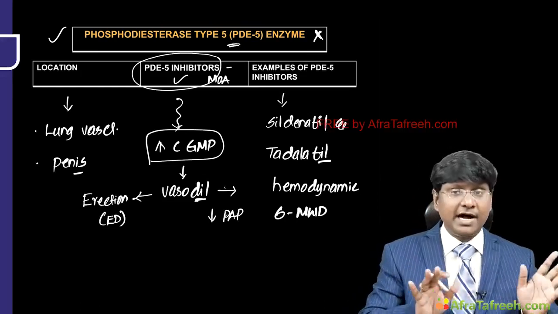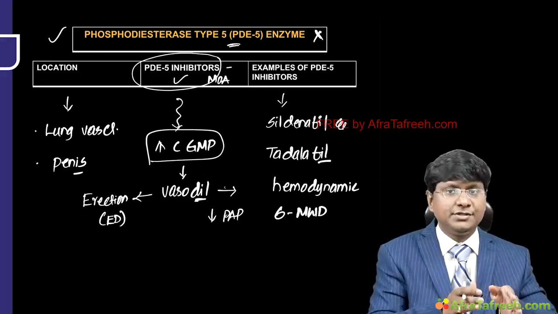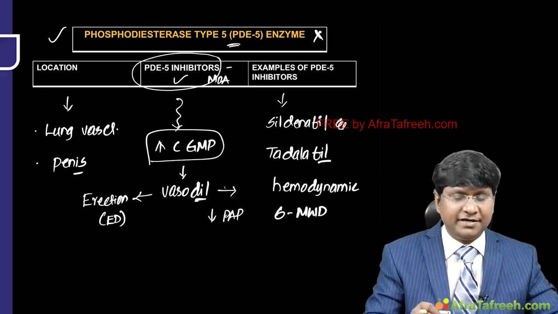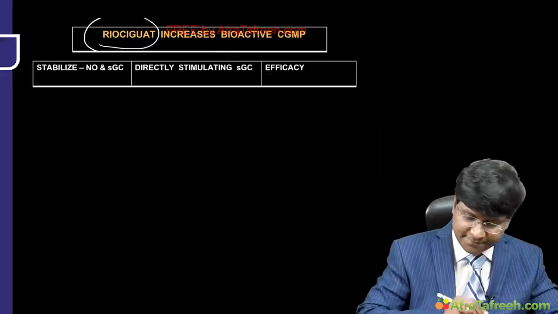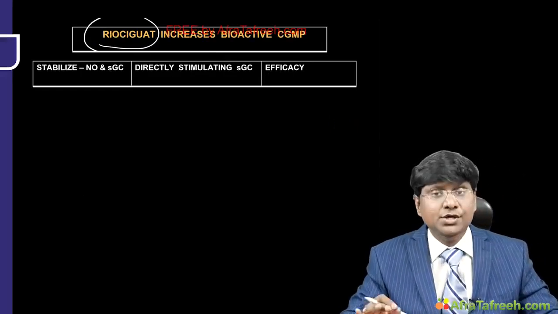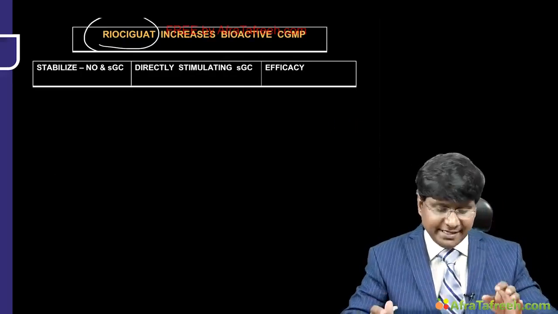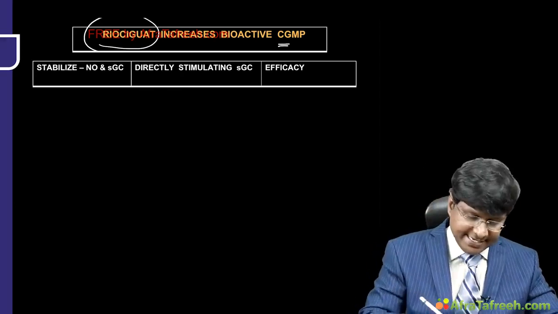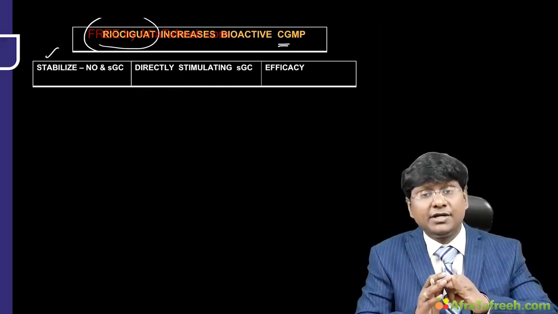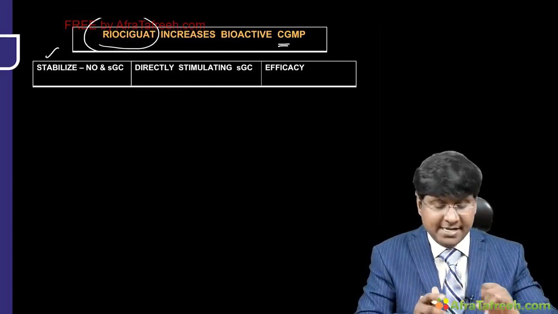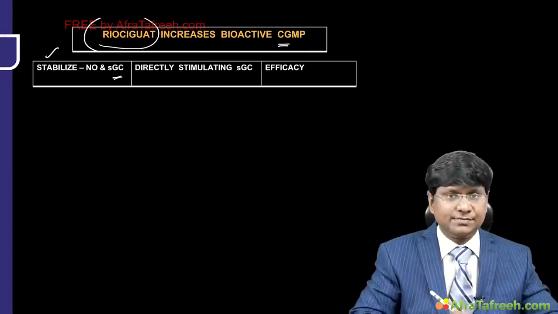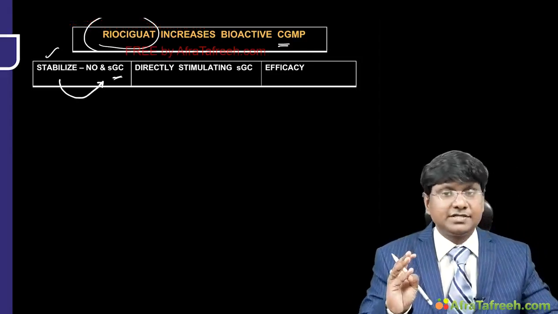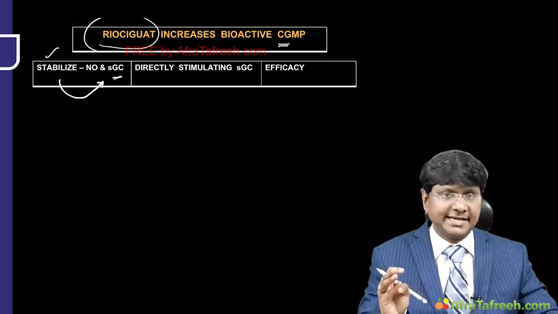Next, we have one more formulation which will increase the cyclic GMP apart from the phosphodiesterase 5 inhibitors, that is riociguat. Riociguat increases the bioactive cyclic GMP. How? Number one, it stabilizes the molecular interaction between nitric oxide and soluble guanylyl cyclase.